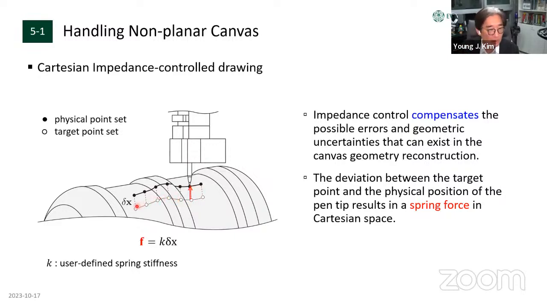And then by using this difference as an impedance, even though there is a slight difference between the target and the physical point, since we have compliance along this direction, we can still manage to draw a clean drawing on the surface. That's how we cope with uncertainties in the geometric reconstruction.